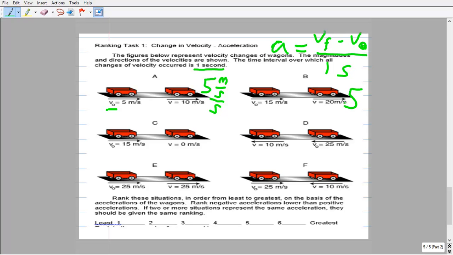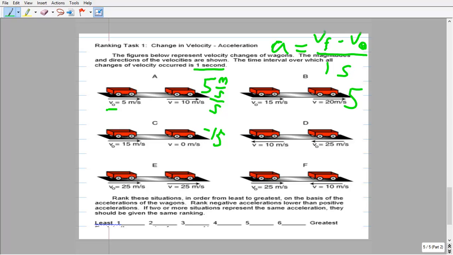In C, notice that I started out going at positive 15. I wound up at 0. So my final velocity was 0 minus my initial velocity, which was positive 15. Therefore, the difference is negative 15. So that's actually a negative acceleration. In D, I start out going at negative 25 and I wind up going negative 10. You have to be very careful with the math here.